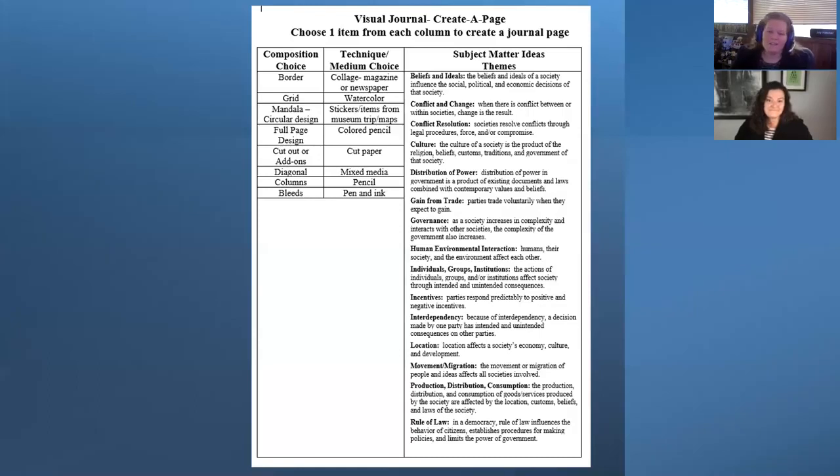I had done that and seen that 100 times, but it was arts enhancement. I just used that collage as a way to figure out what they knew, but I wasn't really teaching them anything about art. So all this does, just like the social studies skills, map and globe skills, or information processing, is allow them to focus on different compositions or different mediums within the context of the standards.